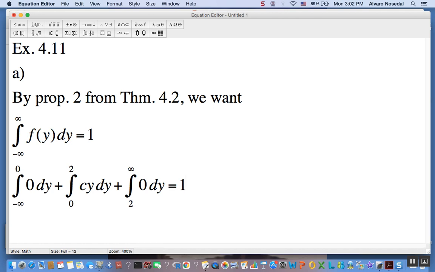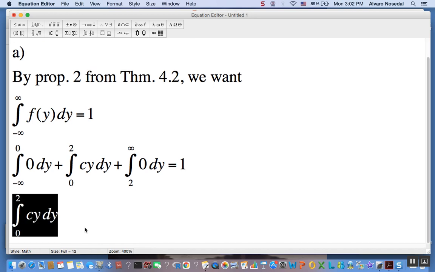Make sense? So we broke down that integral into 3 integrals for 3 different regions: between negative infinity and 0, between 0 and 2, and between 2 and infinity. Clearly, the first integral and the last integral are 0, so the only one that matters in this case is the second integral, the one in the middle. So that's what we want.